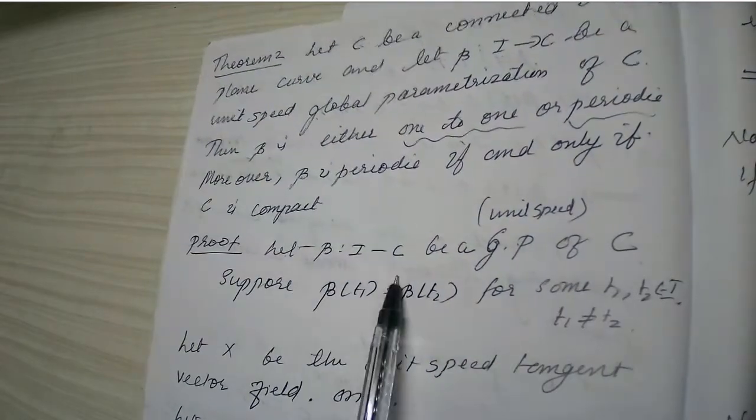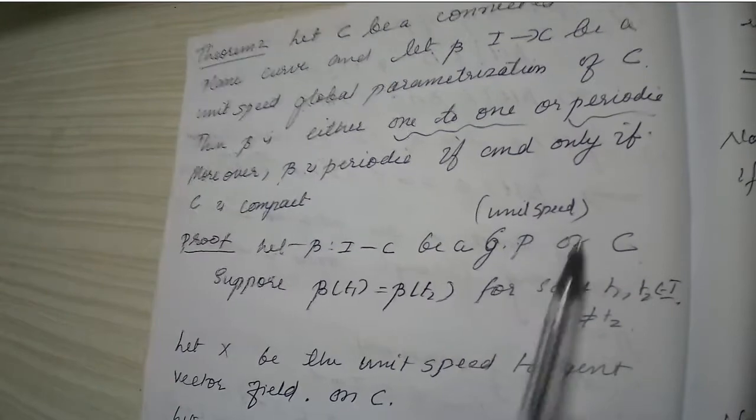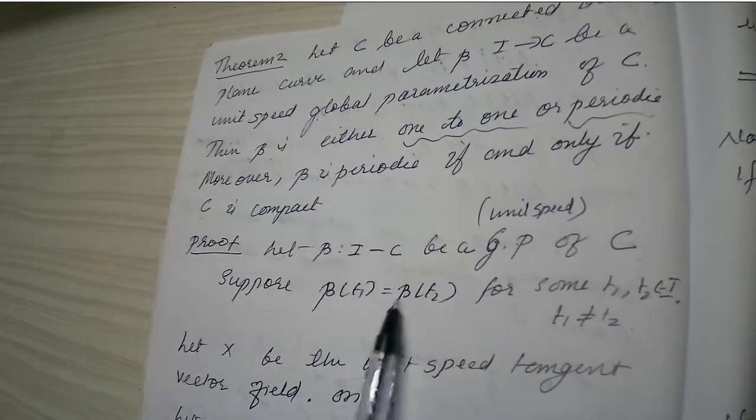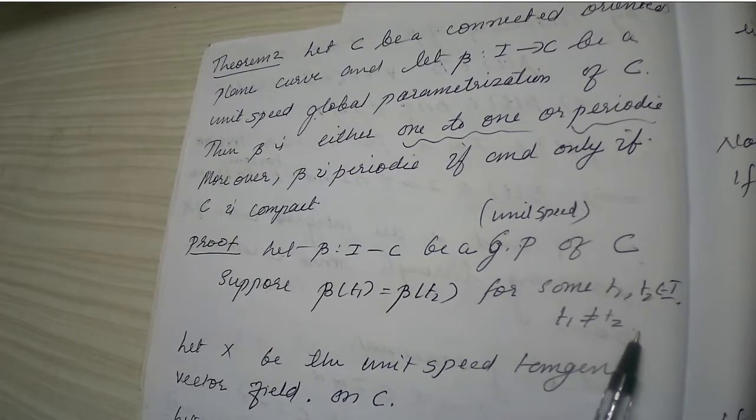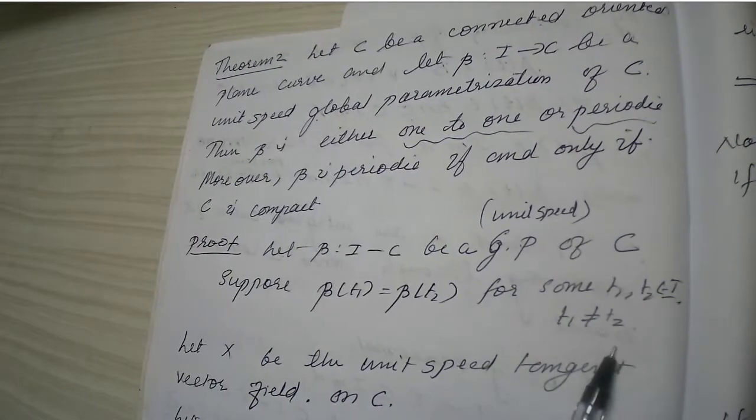So let us take β as the unit speed global parameterization of C. Suppose β(t₁) equal to β(t₂). If it is not one-one, then t₁ is not equal to t₂, correct? So this is our supposition, β is not one-one.